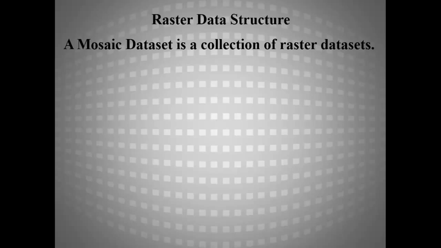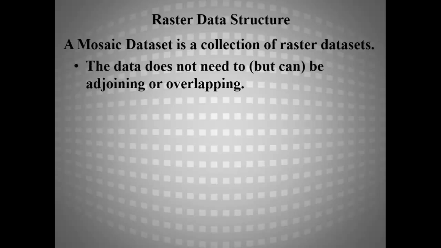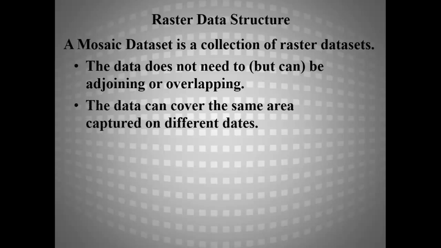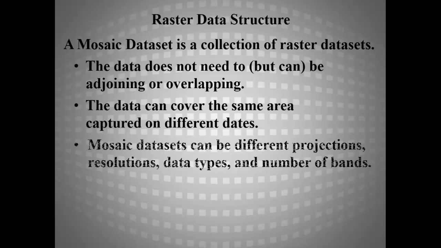There's a higher level data set called a mosaic data set, and that's a collection of raster data sets. So a data set can be a collection of bands, and a mosaic data set is a collection of data sets. For mosaics, things don't have to overlap. They don't have to be the same time. They don't have to be the same cell size. They don't have to be the same anything. They can be captured on different dates.